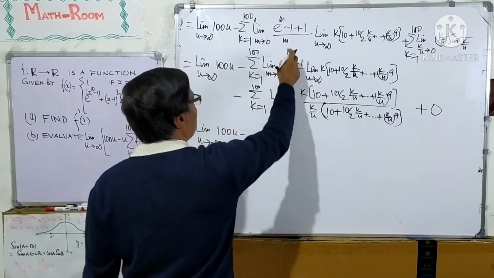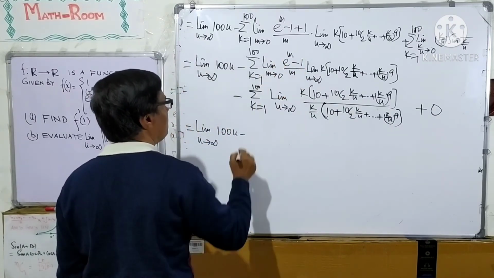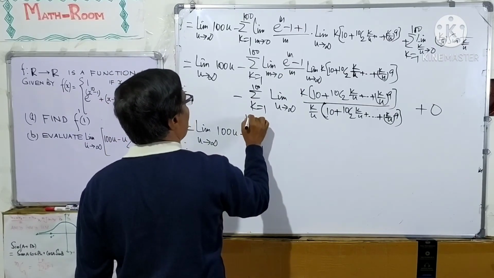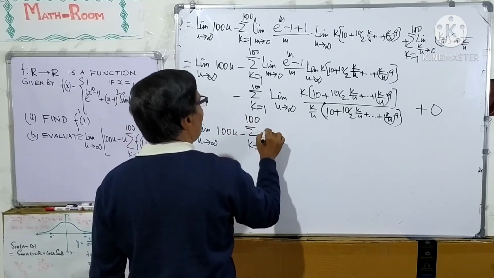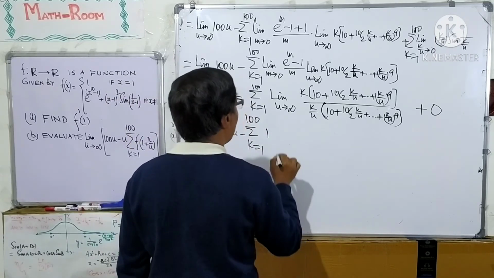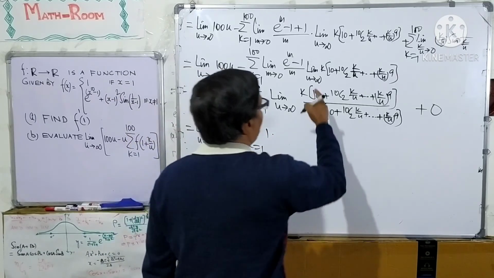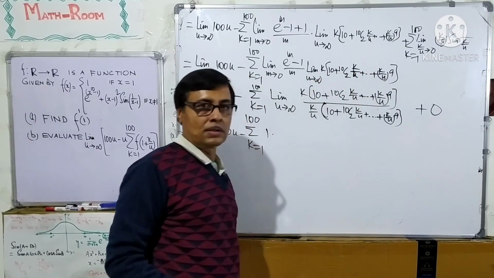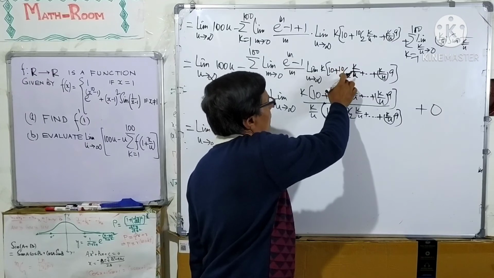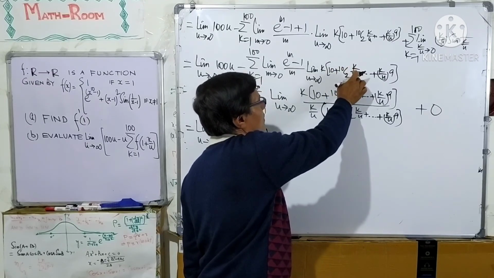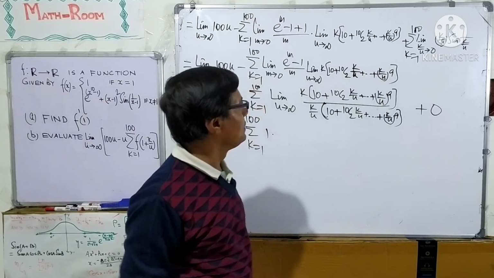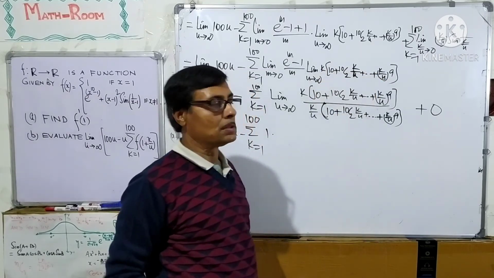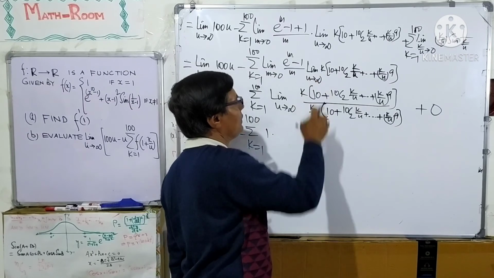So, we can put this value as 1, summation k equals 1 to 100, 1 into, if the limit u tends to infinity, then this term vanishes, that is 10C2 k over u is 0, this is 0, all are 0 except 10, all terms are 0 when u tends to infinity.